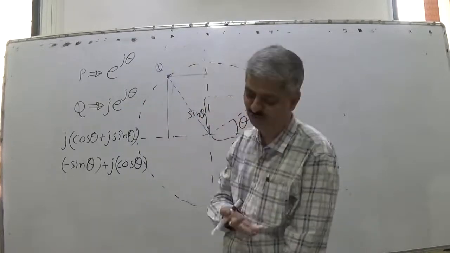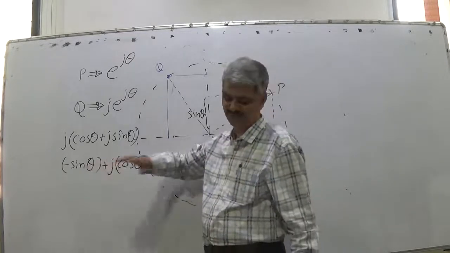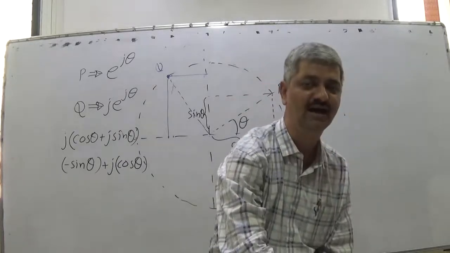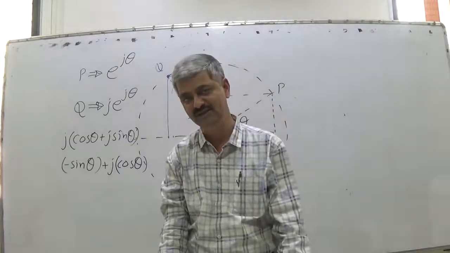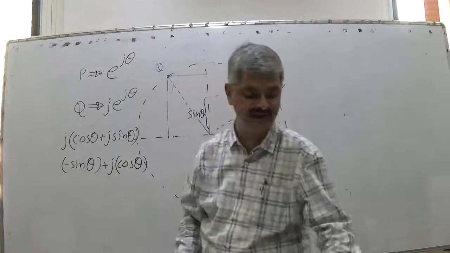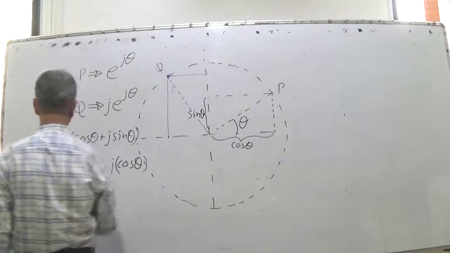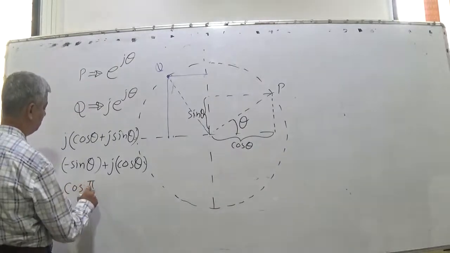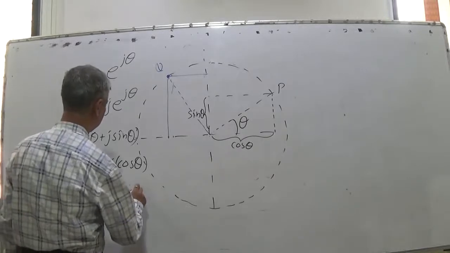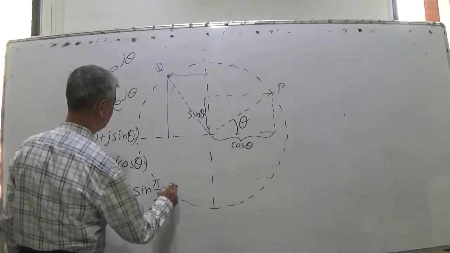Obviously there is no need to do any kind of research. You could also have used the trigonometric identities in which you were masters once upon a time: cos theta, cos of pi by 2 plus theta, sin of pi by 2 plus theta. So minus sin theta is cos of pi by 2 plus theta, plus j, and cos theta is sin of pi by 2 plus theta.